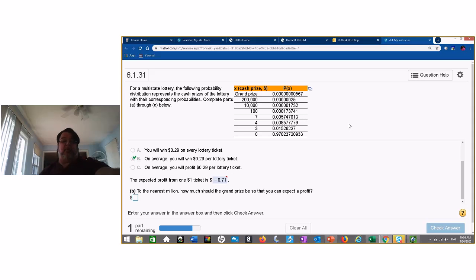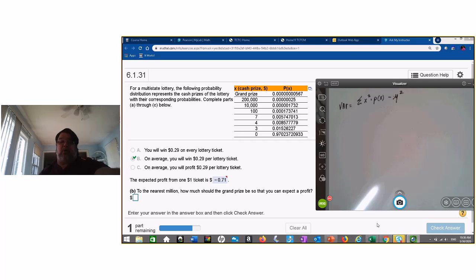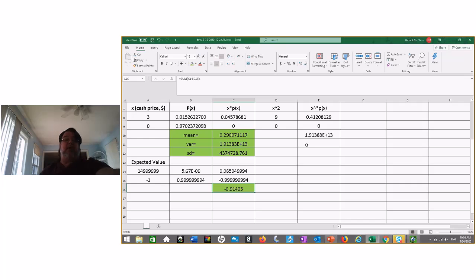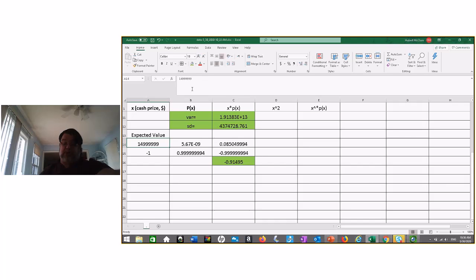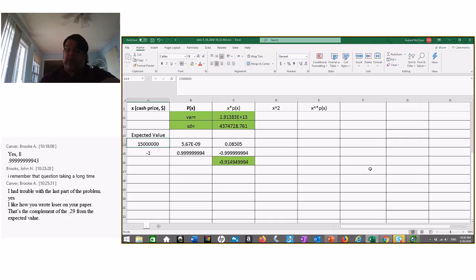I got negative 0.91. And I think I know why. I'm going to change this number right here to 15 million. See that number right there? I'm going to change it to 15 million and see if they get 0.71. No, I still get 0.91, so I don't know where they're coming up with 0.71.